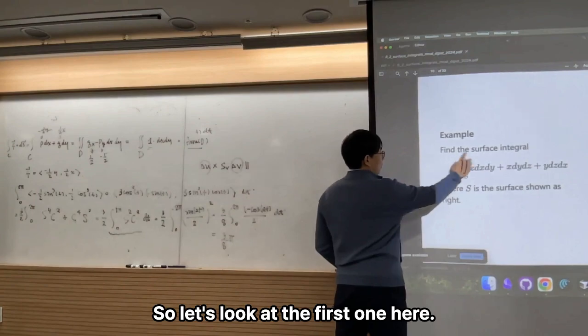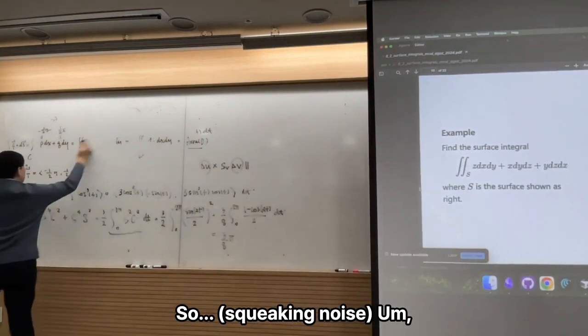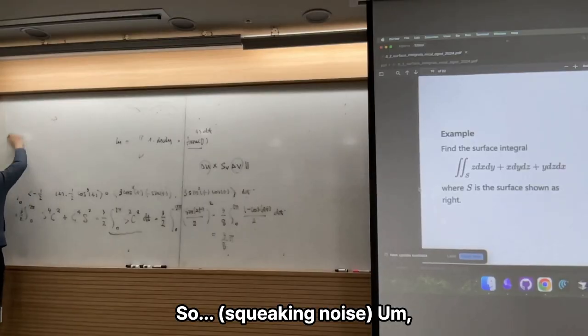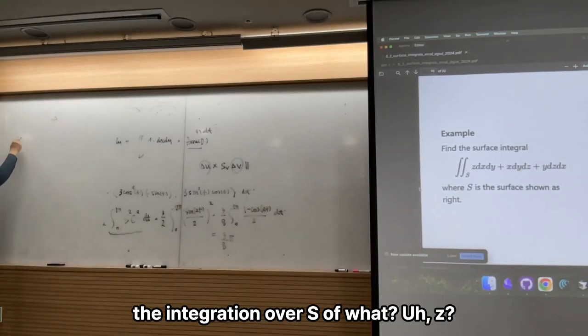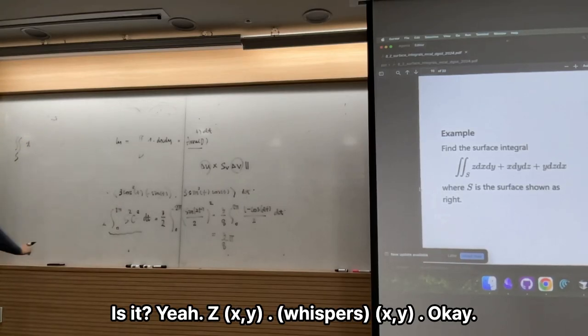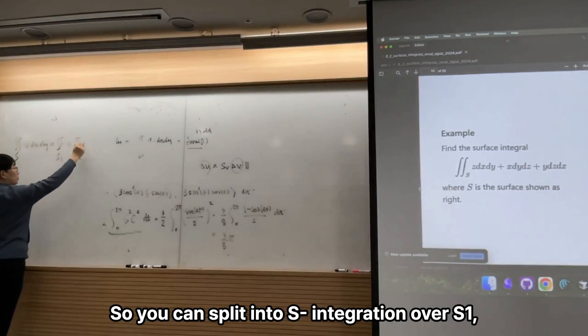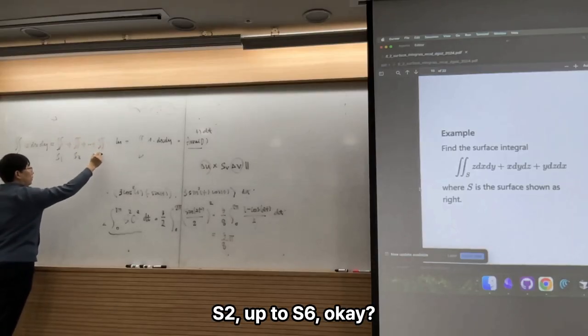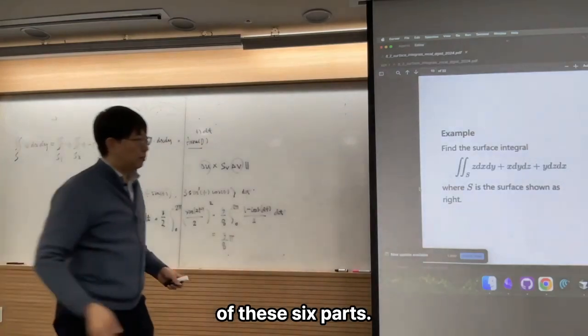So let's look at the first one here. The integration over S of what? Z, is it? Yeah, Z xy. So you can split it into integration over S1, S2, up to S6, because the surface itself consists of these 6 parts.